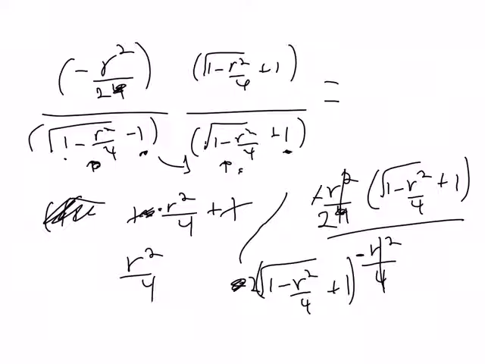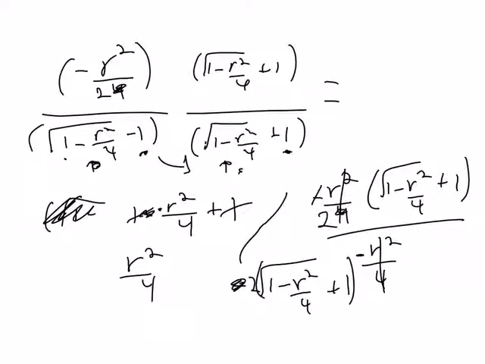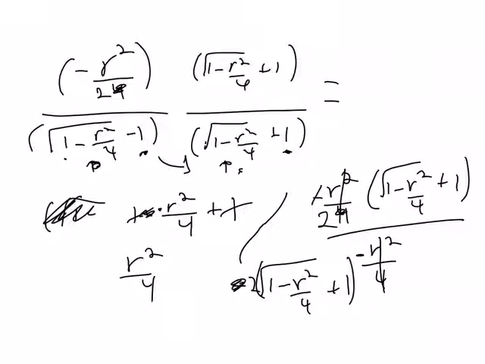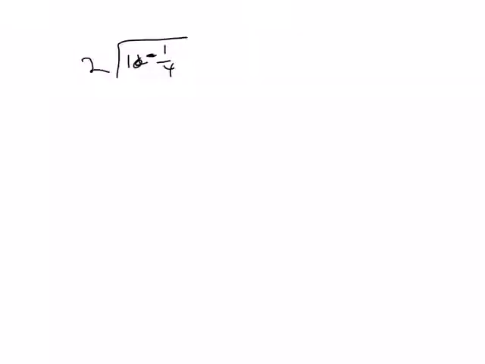Okay, so now for any r, the x-intercept is 2 times the square root of 1 minus 1 over 4 r squared, plus 1. This is for any r.